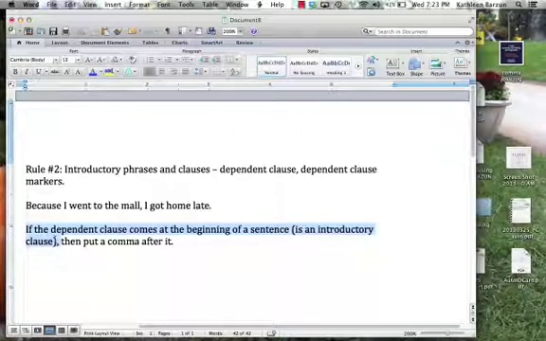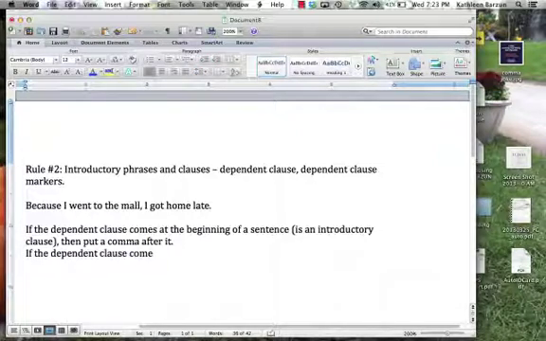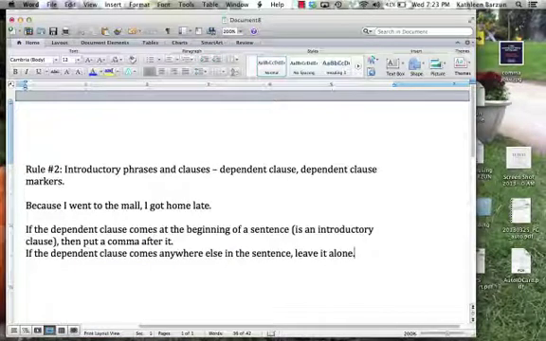This is my introductory clause, if being a dependent clause marker. And here's my comma. Right? If the dependent clause comes anywhere else in the sentence, leave it alone. And again, I have another one because if is a dependent clause marker, and we have it there, right?